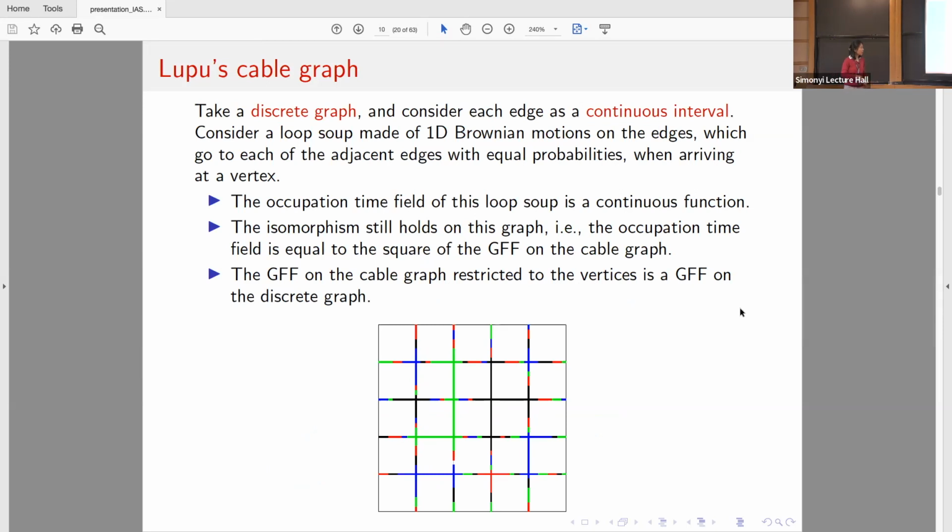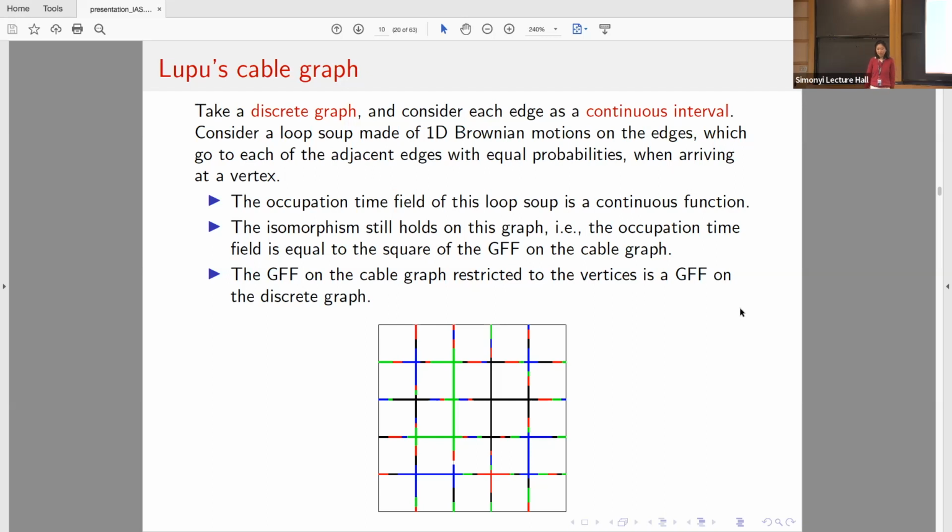He looks at a discrete graph, for example Z², which approximates the two-dimensional plane, but where each edge is considered as a continuous interval, and the loop soup does a one-dimensional Brownian motion on the intervals, and at the vertices they just go to one of the four neighbors with probability 1/4.